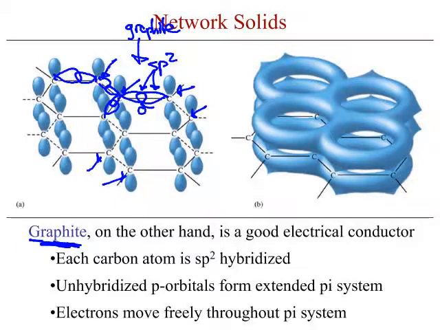That's how the carbon atoms are attached to each other in the plane. So graphite really exists as sheets. This whole structure here is flat, and each of these carbon atoms has an unhybridized p orbital, because they're sp2 hybridized.